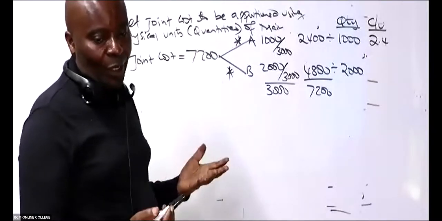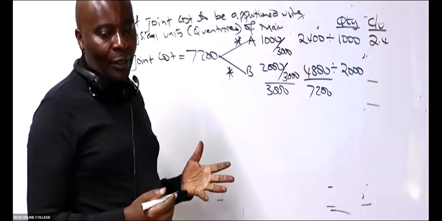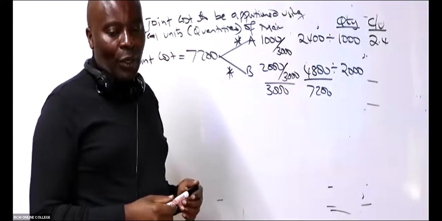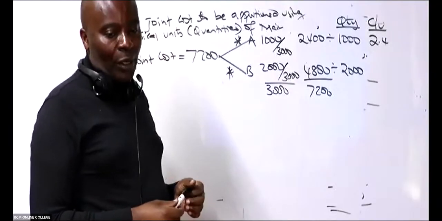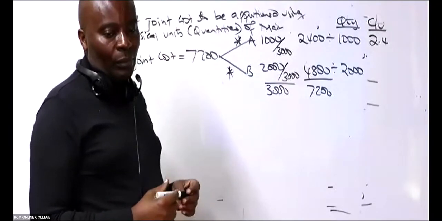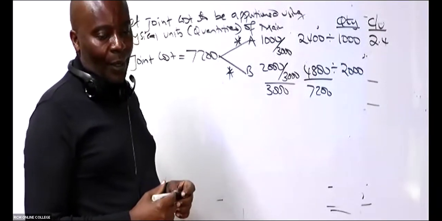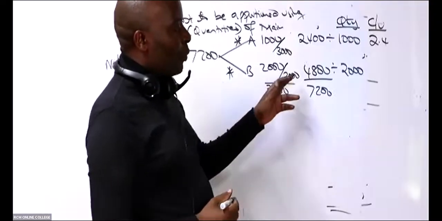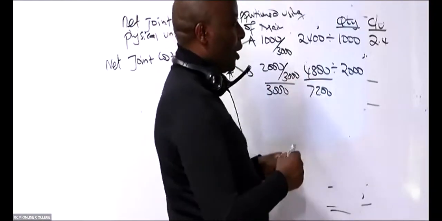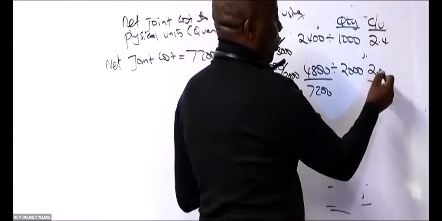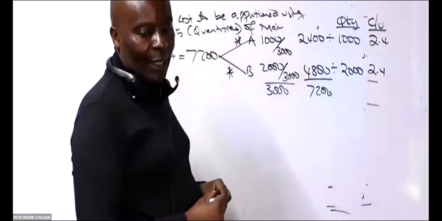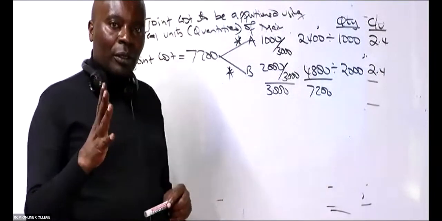You guys have started slowing down. 2.4, right? And then, of course, the cost per unit for the other will be 4,800 divided by 2,000, which will as well give me 2.4. That is a disadvantage of the physical units method.